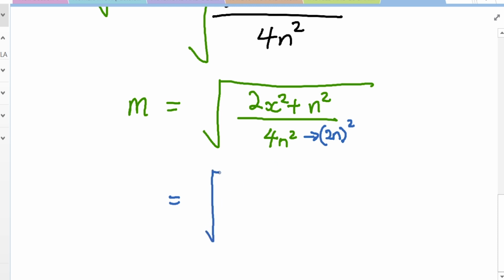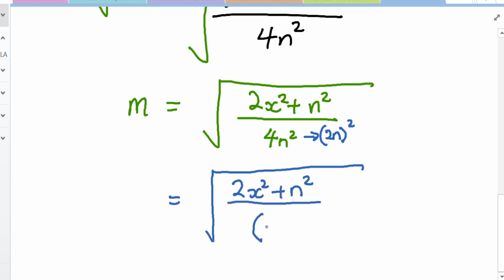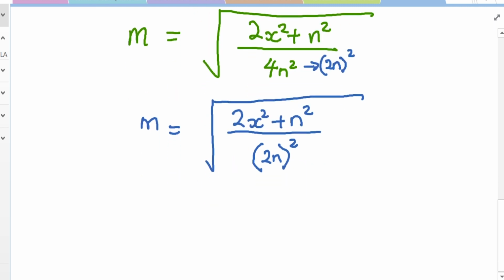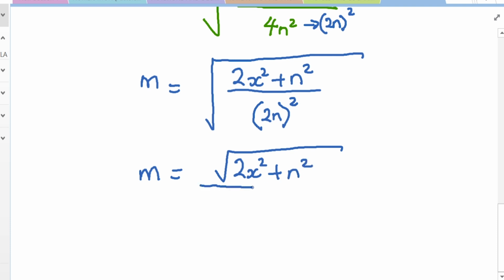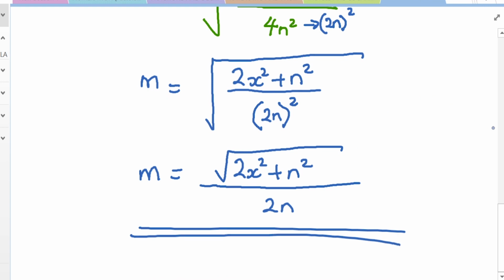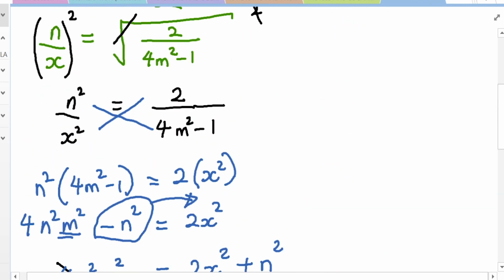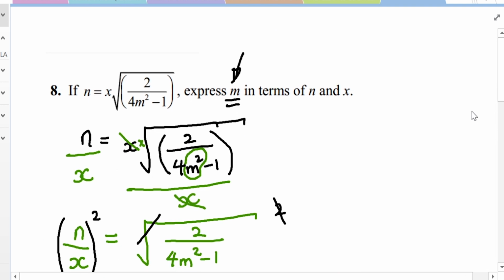So m is the square root of 2x squared plus n squared, divided by 2n squared. I'm just simplifying the expression, but we already have the answer. So our value of m becomes the square root of 2x squared plus n squared, all divided by 2n. You can stop there. That is the answer to that expression.